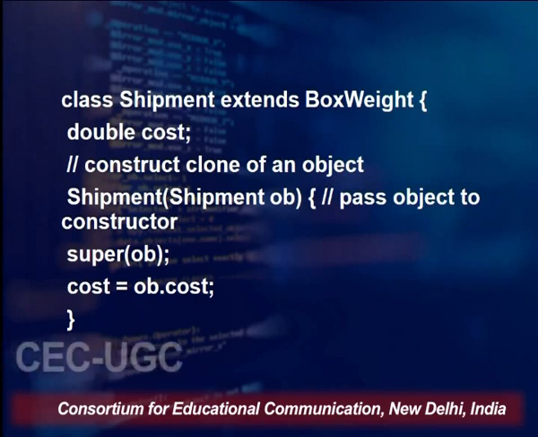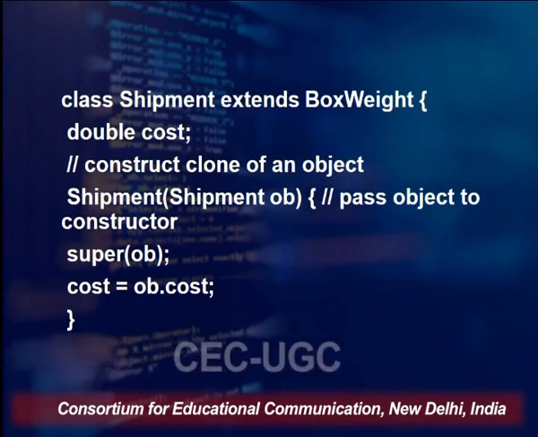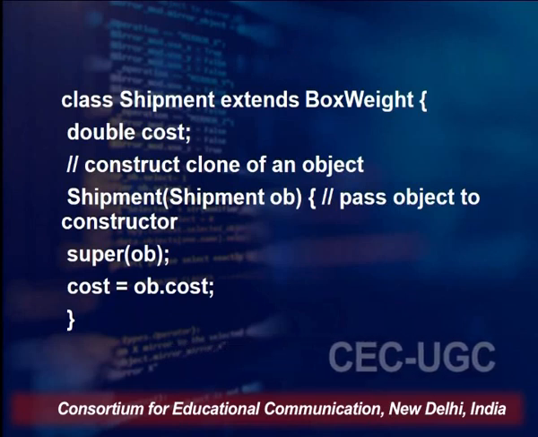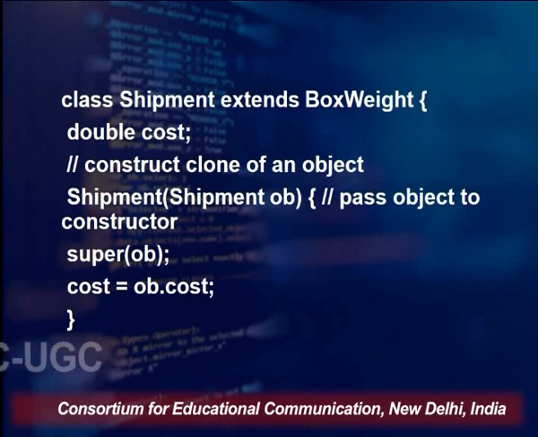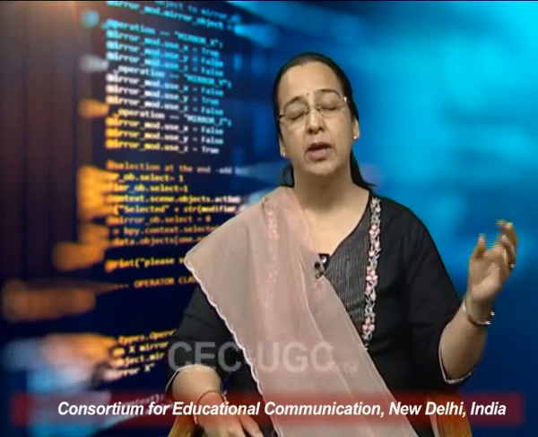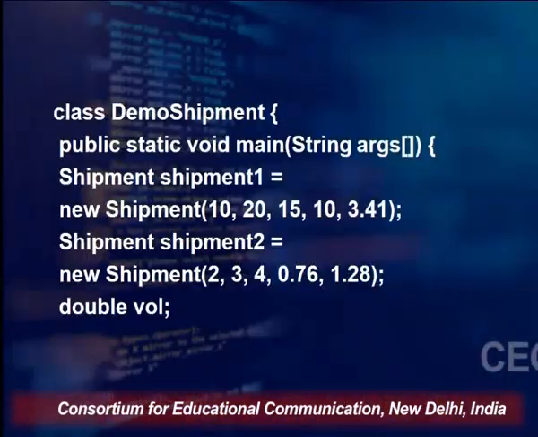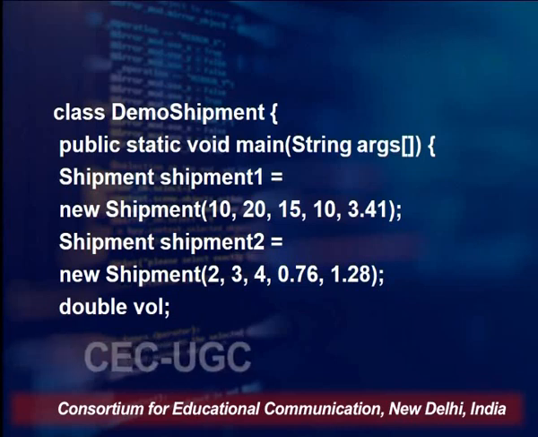Out of those 5 variables, 4 will be passed within the super keyword. These 4 variables along with the super keyword will be calling the class BoxWeight, which is the immediate super class. Then the immediate super class of BoxWeight, which is Box, will be called with the 3 variables. So, here we have 5 variables which are 10, 20, 15, 10 and 3.41.